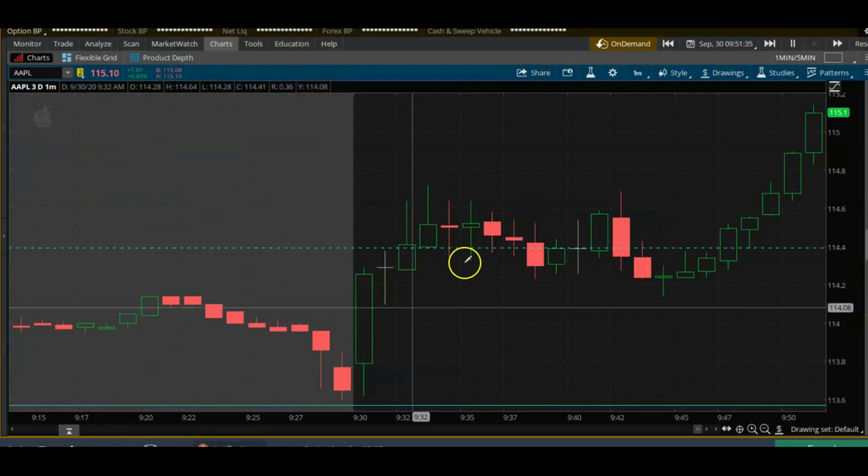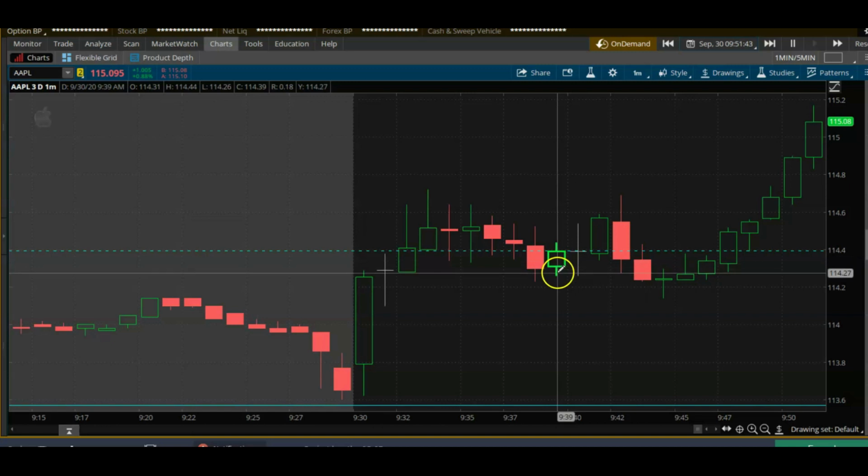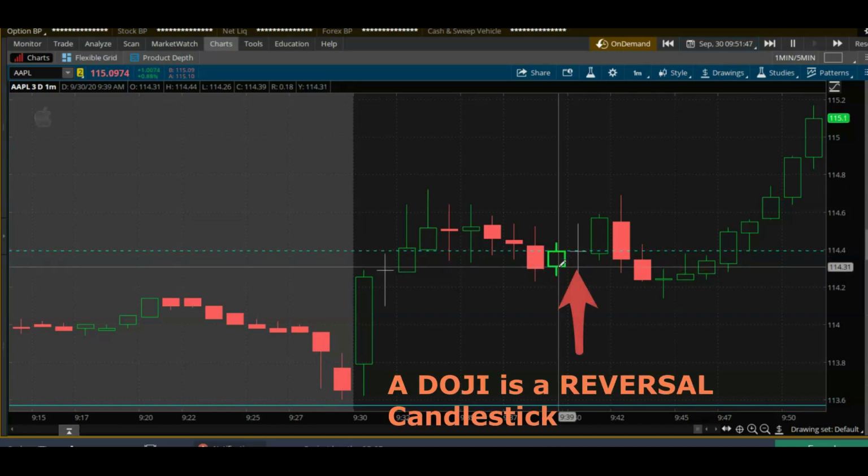Zooming out, we can see here that this is the point at which I was hesitant over exiting the trade or not. This second green candle convinced me to stay in the trade.